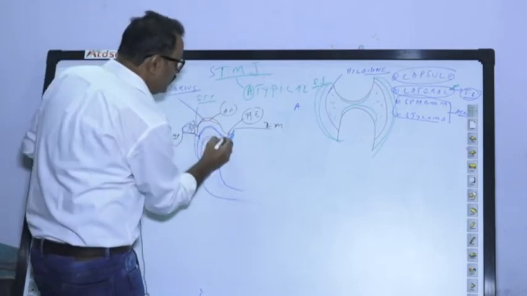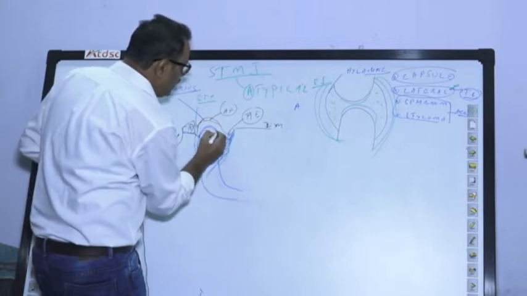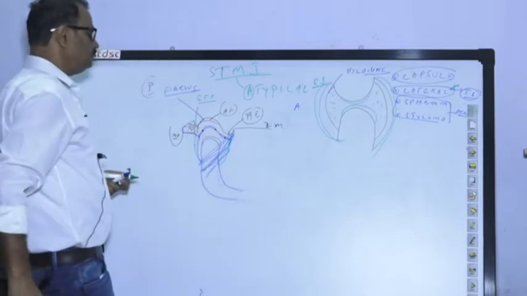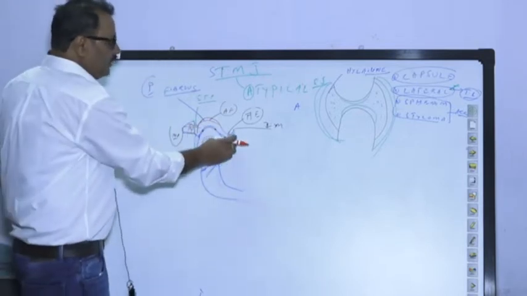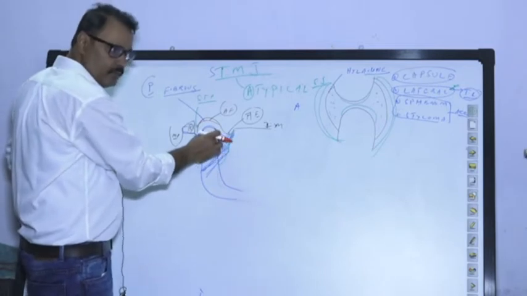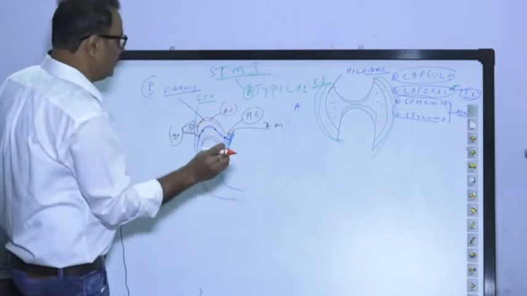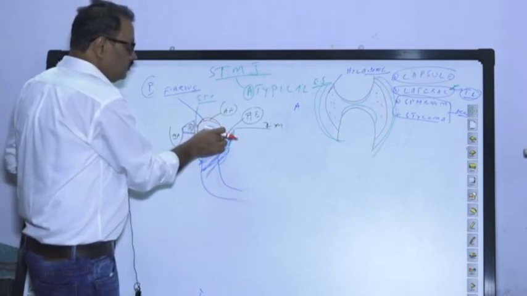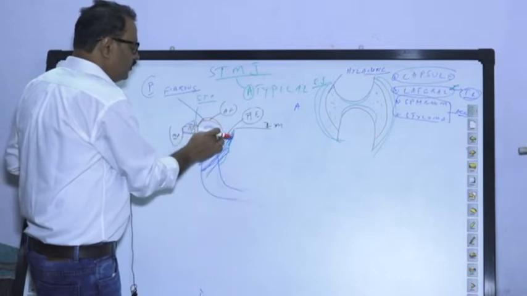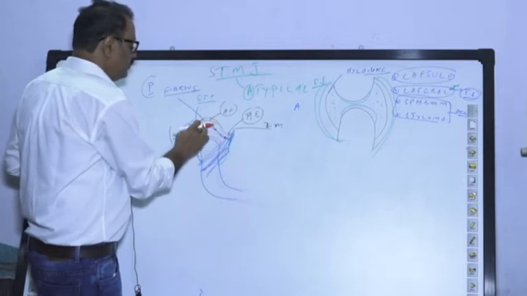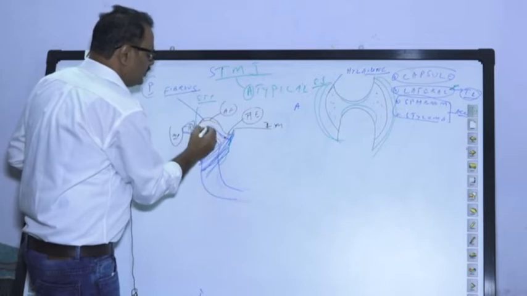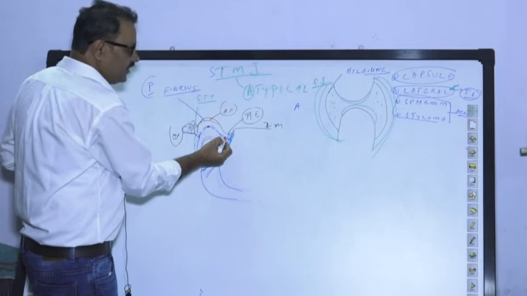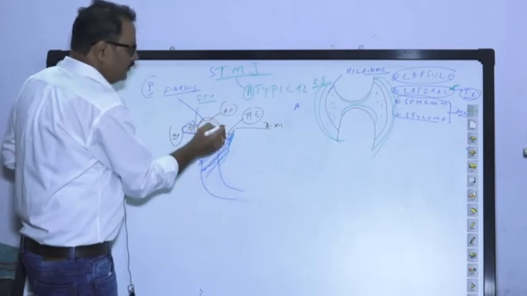This is called the anterior extension. This is the anterior thickening, the anterior band.